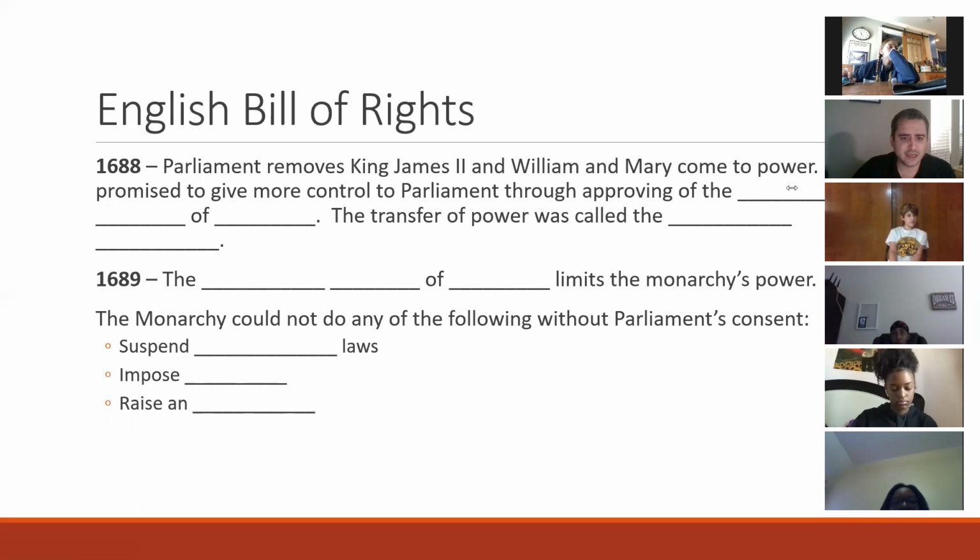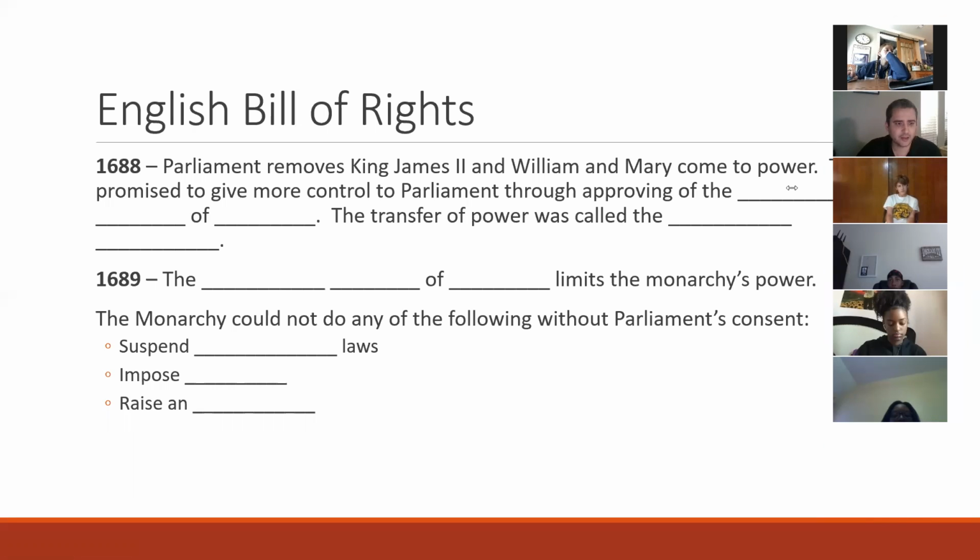Okay, the monarchy could not do any of the following without Parliament's consent. It could not suspend Parliament's laws. So if Parliament passed something, the monarchy could not just say, I don't care, I'm going to ignore it. The monarchy could also not impose taxes without Parliament's consent.